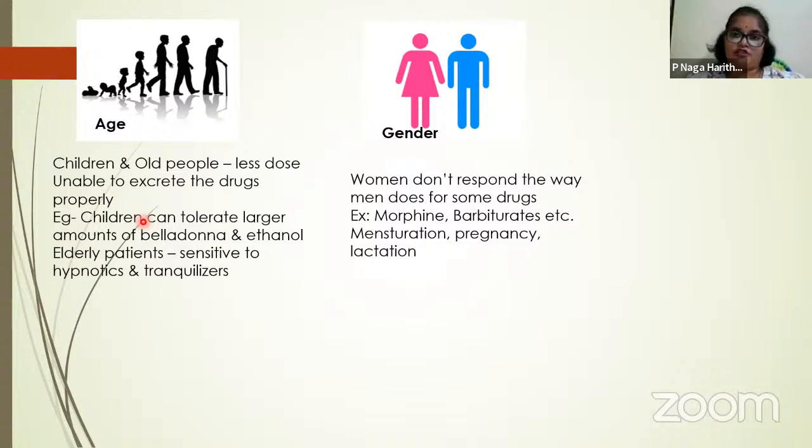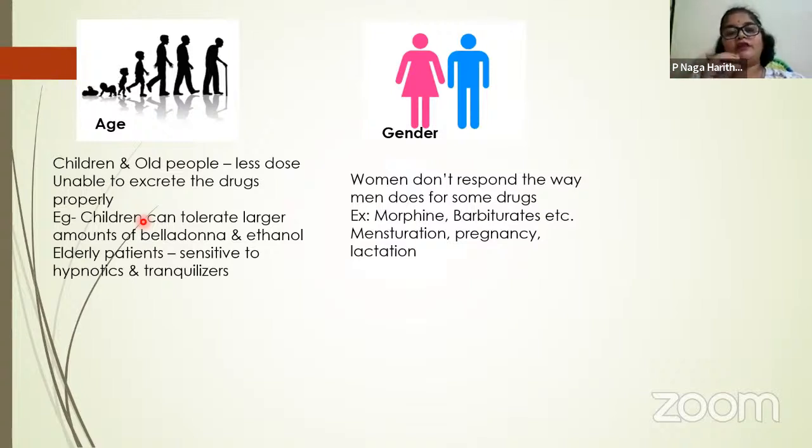And then during lactation, obviously, this is a very common thing, like the drugs which excrete through the milk. Yes, the mammary glands are also one of the routes of excretion other than your kidneys, liver, sweat, and salivary glands.